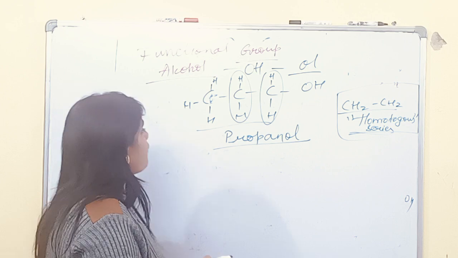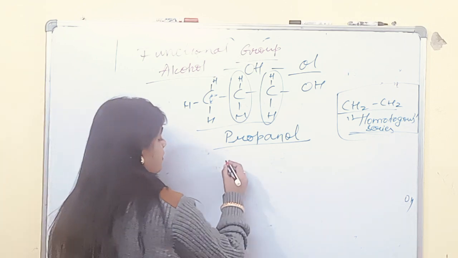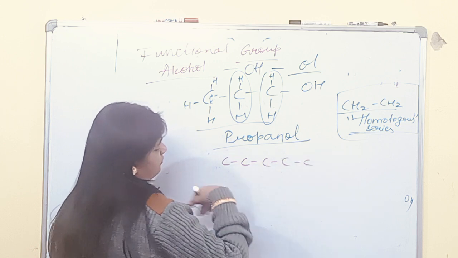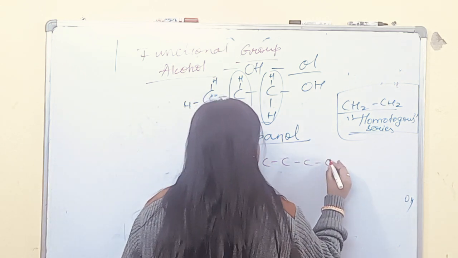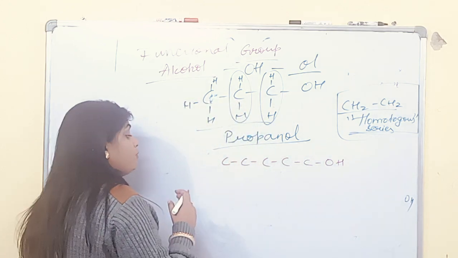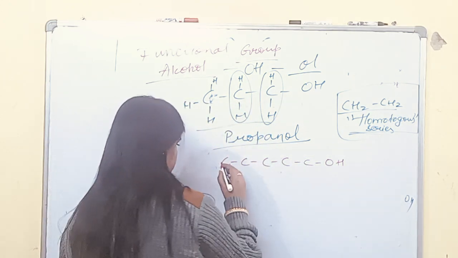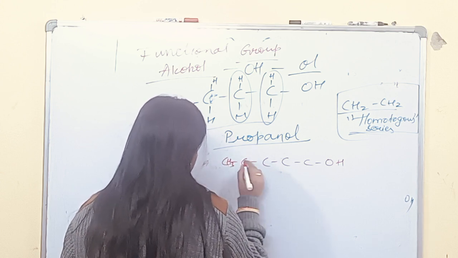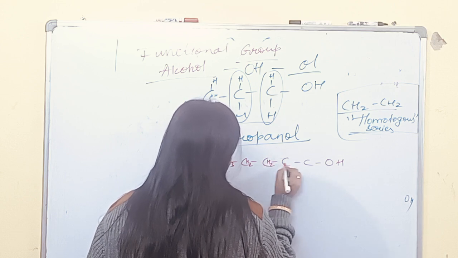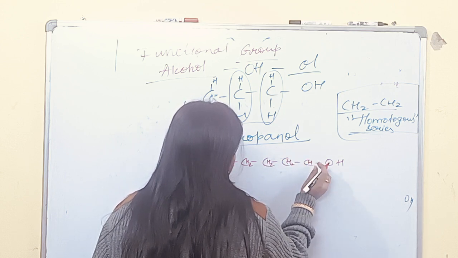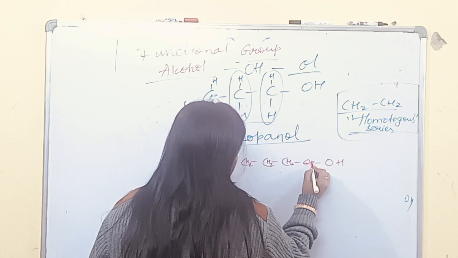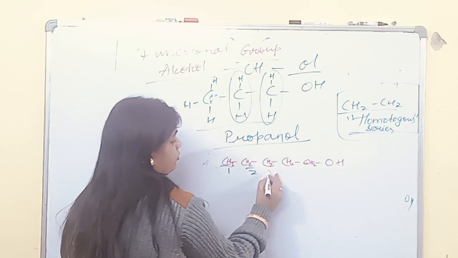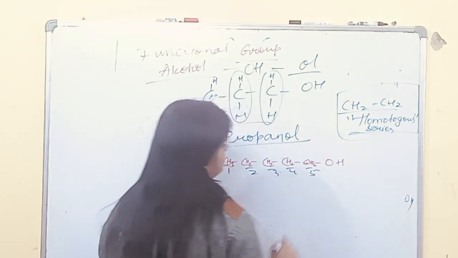Propanol. Now come to the case where the number of carbons is 5. 1, 2, 3, 4, 5 carbons are there, and one alcohol group. So what will we write? CH3, CH2, CH2, CH2, and CH2.